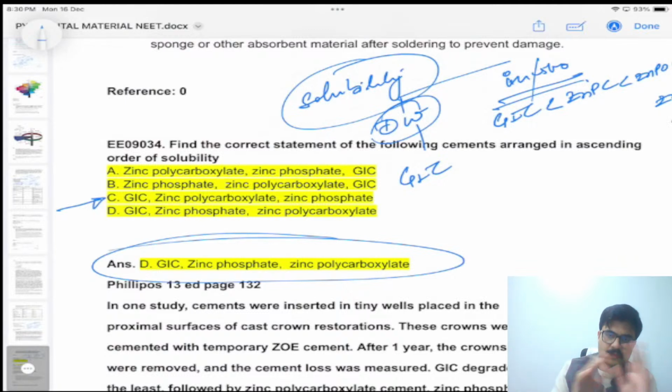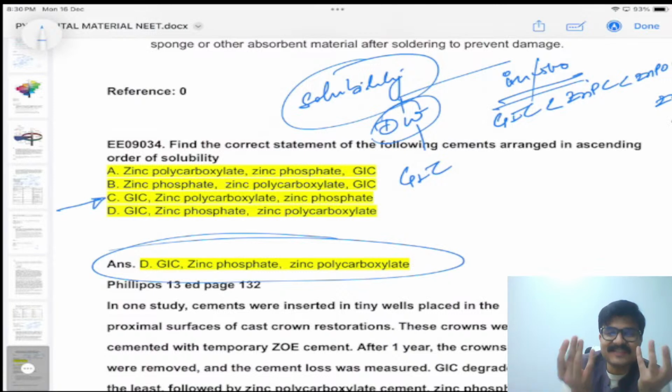So there are a couple of controversial things here, right? One is if it's mentioned distilled water, of course the order completely changes. Then maximum solubility is GIC, minimum is zinc oxide eugenol, and zinc polycarboxylate and zinc phosphate are the same. If it's in vivo, in clinical conditions, that is in saliva, then the lowest solubility is GIC. Obviously, keeping in mind that resin cement is not there in the option, right? A resin cement has got the lowest solubility.